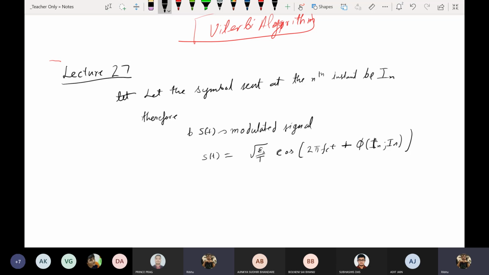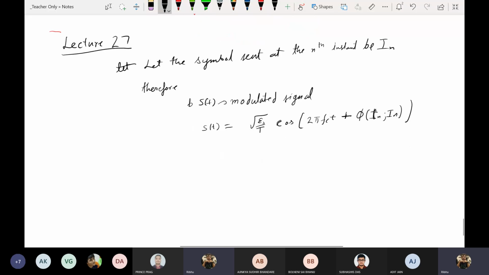This is what we derived yesterday, or this is what we discussed yesterday for continuous phase. The received signal makes sense.